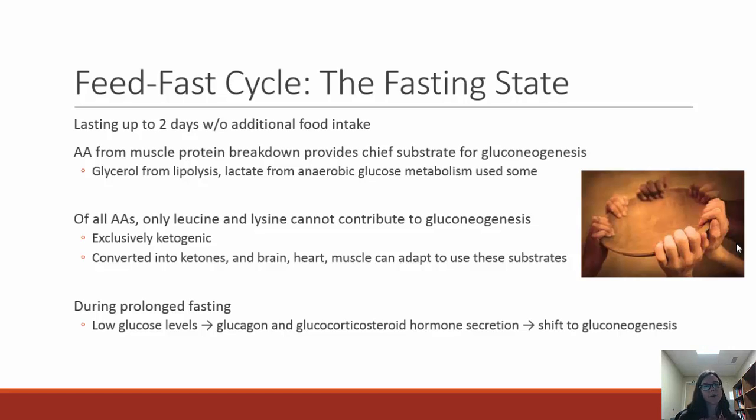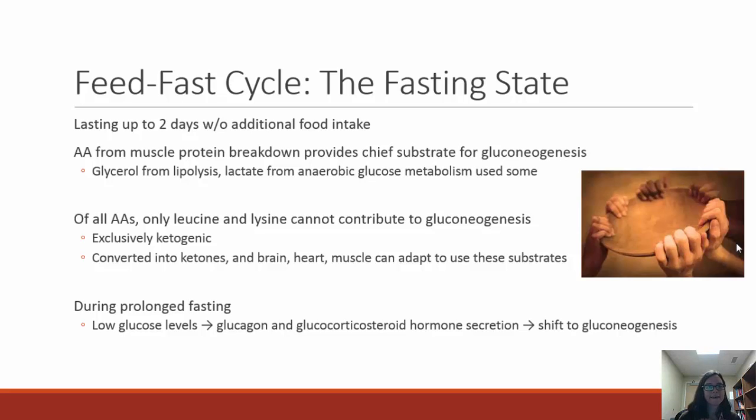So of all of the amino acids, for gluconeogenesis, we can utilize any of the glucogenic amino acids. And that's all except for 2 of the amino acids. The only amino acids that are exclusively ketogenic, so can't be used for gluconeogenesis, are leucine and lysine.